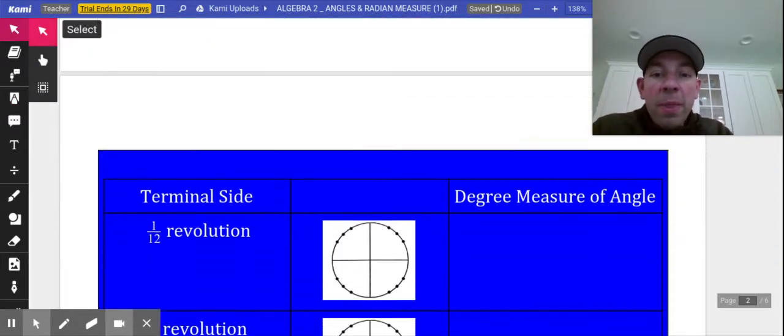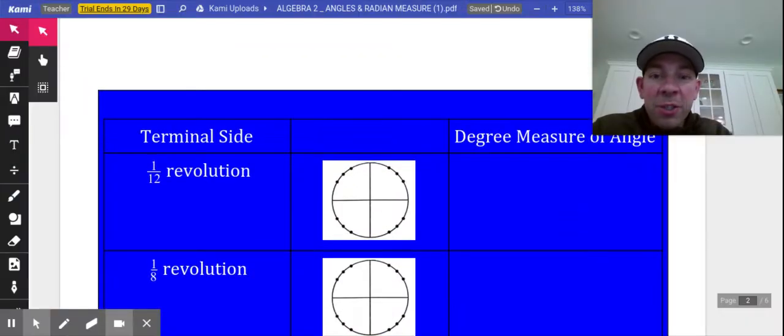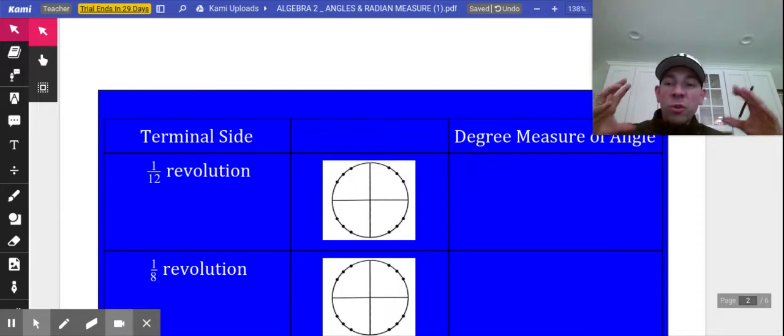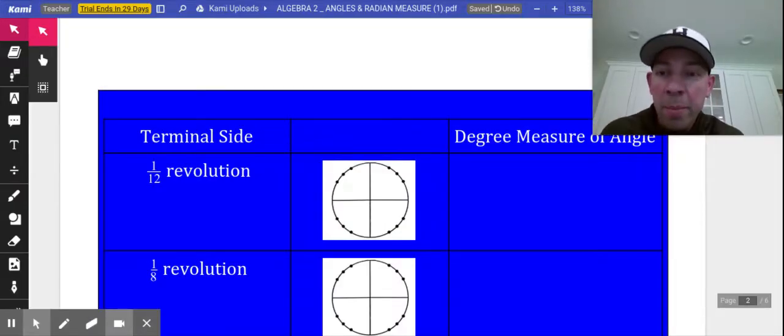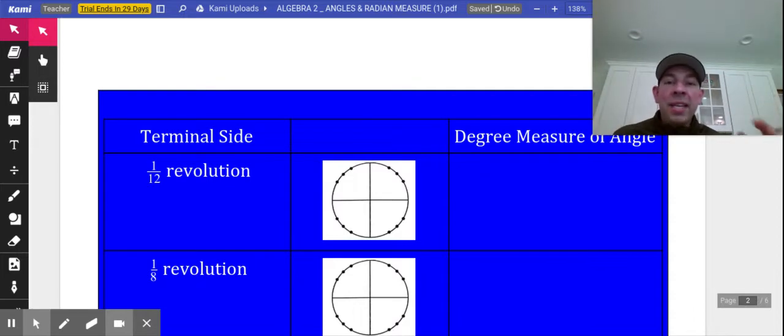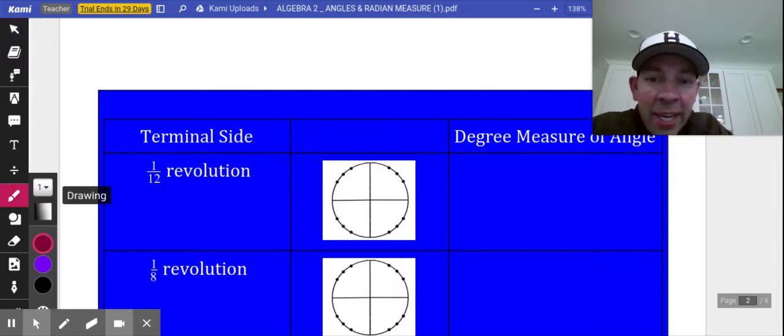Okay, so again, just practicing visualizing and drawing these angles. What if I made 1/12 of a revolution? Imagine you just ordered a pizza, you open it up, and it smells amazing, and you can't wait to bite into it. And you open that box, and they forgot to cut it. Let's imagine that we cut that pizza into 12 congruent equal slices, starting the slice right there.